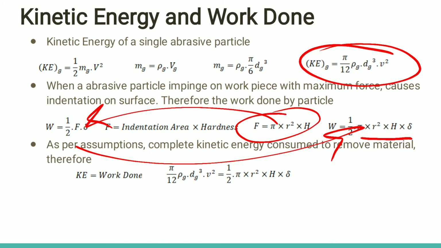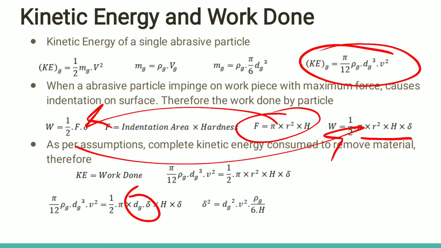When we put this value over here, delta square will be equal to dg square into v square into rho g upon 6h. So I am finding this value of delta. This delta will be equal to dg into v into (rho g upon 6h) raised to 1 by 2.